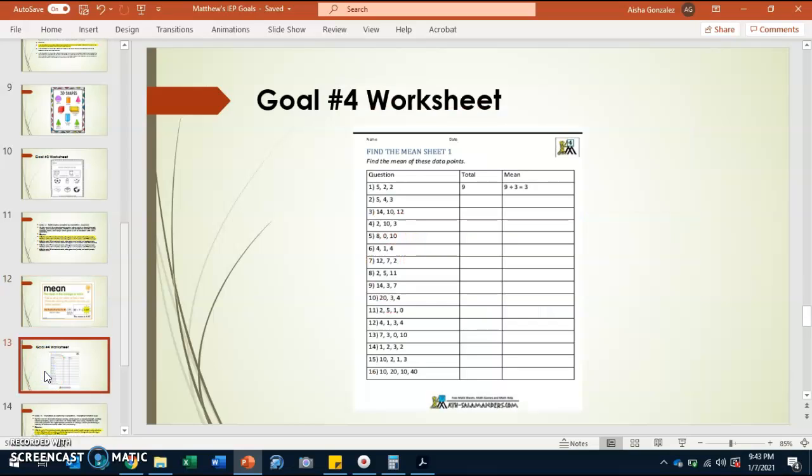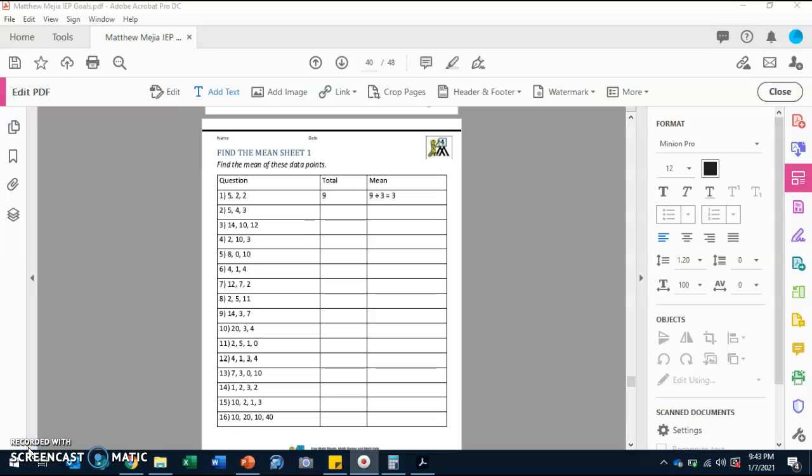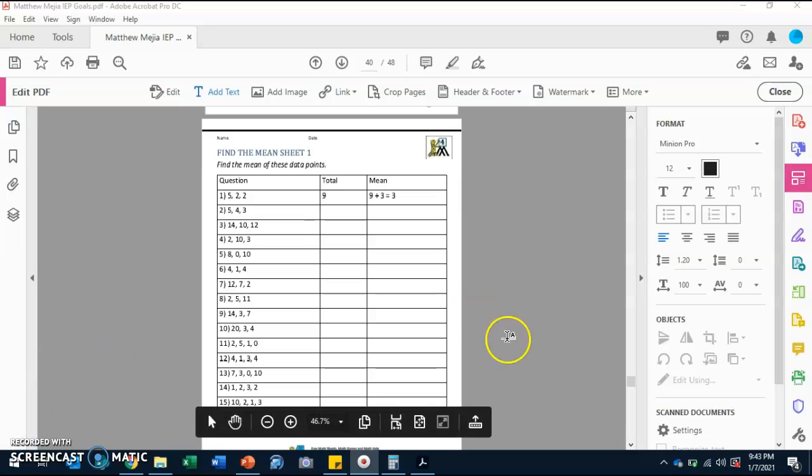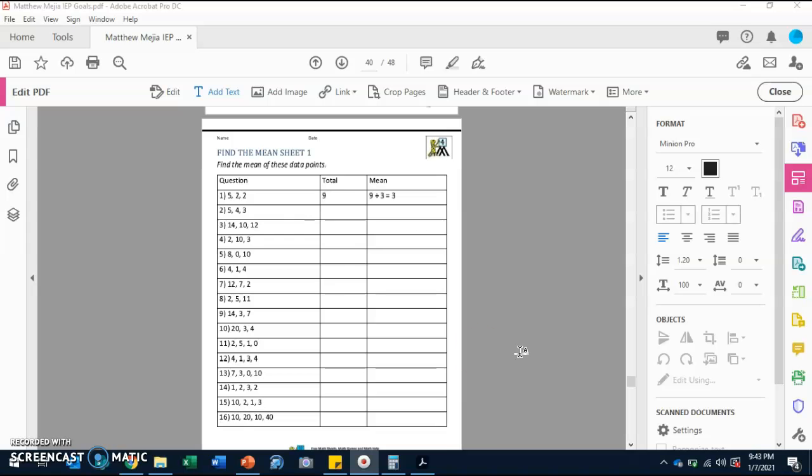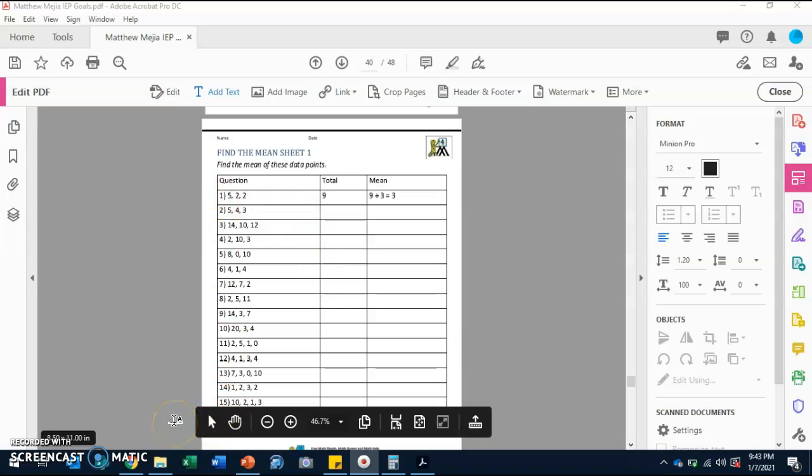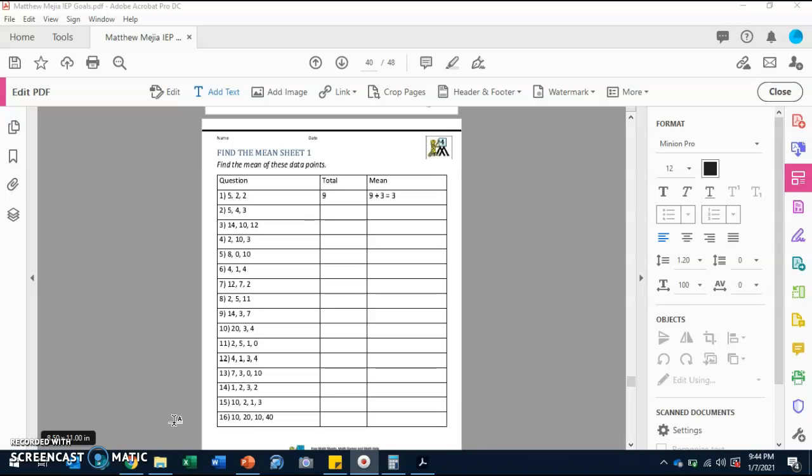So our next assignment is called Find the Mean Sheet number 1. If you have it, please get it out. This is our worksheet, Matthew. If you do not have this worksheet, it is okay. Just number your paper from 1 through 16, since there are 16 questions, so you can write the answer next to it, and I know what question you are talking about, so when I check to see if you have any errors, I know what answer goes with what question.